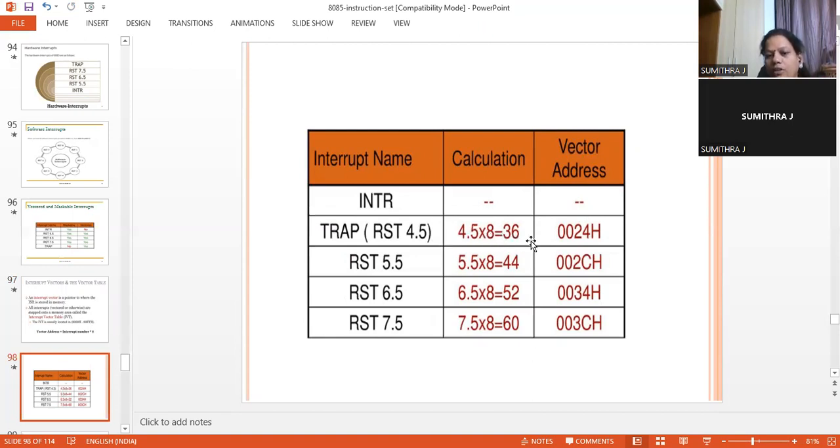So 4.5 into 8 is nothing but 36, so the hex equivalent is 0024H. Similarly, for 5.5 it is 002C, for 6.5 it is 0034, and RST 7.5 has a vector location of 003C. So all four interrupts except INTR have a certain vector location.